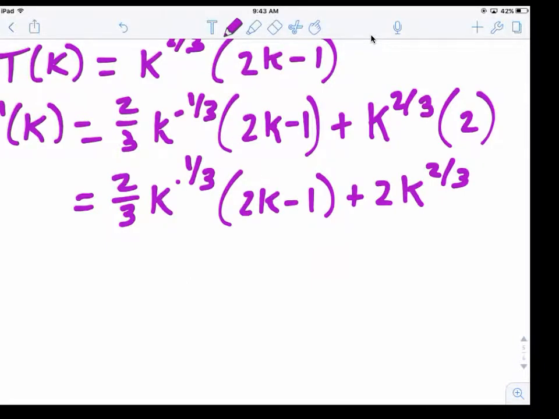What can I take out? All right. So you see how they both have a k variable, right? You want to take out the lower exponent. So now we have to figure out what else can we take out so that we can rewrite it.